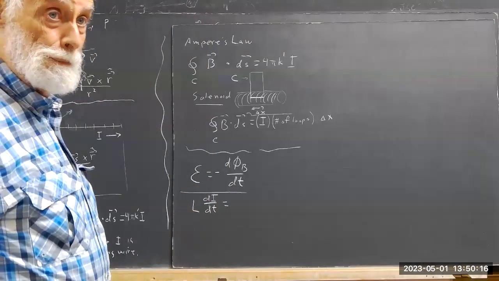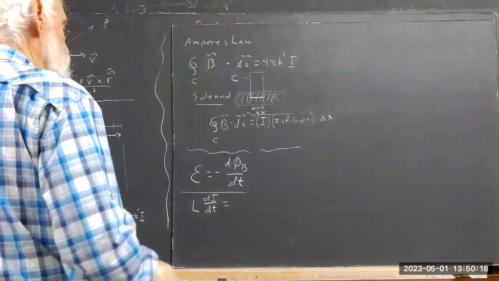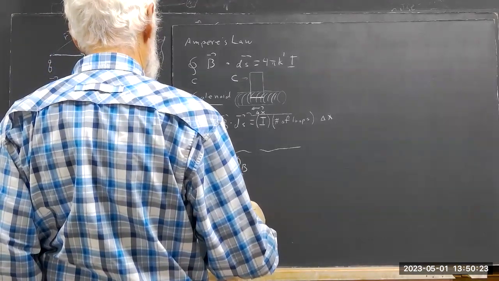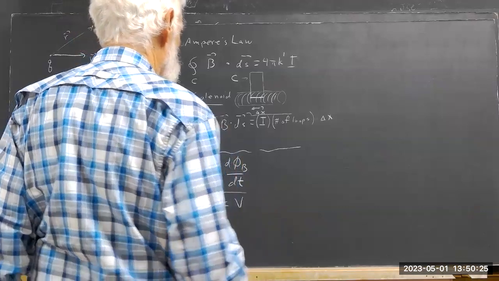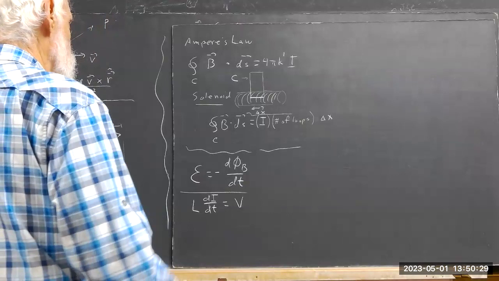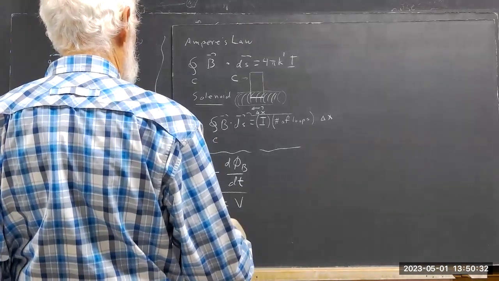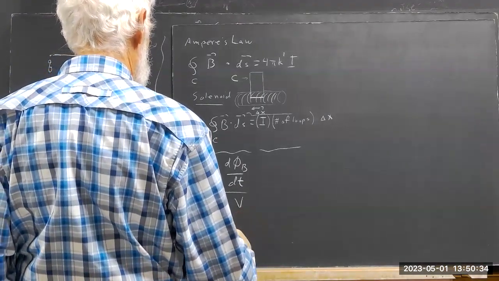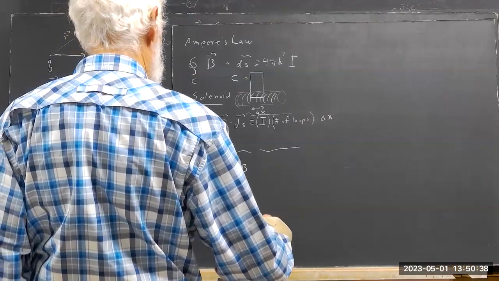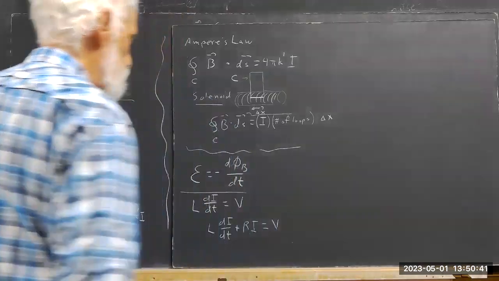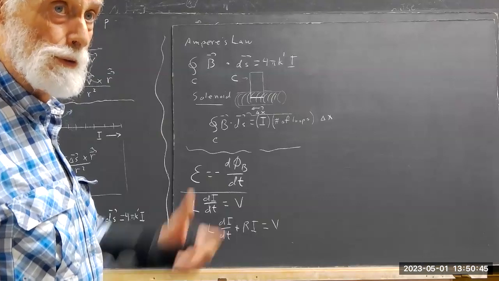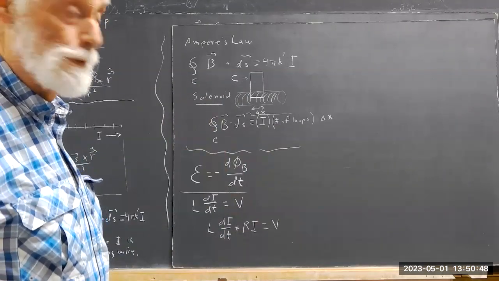Also, the voltage across the inductor equals L dI dt, which is how you do it for voltage. Around a loop, okay, voltage.